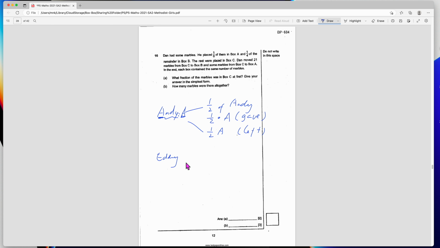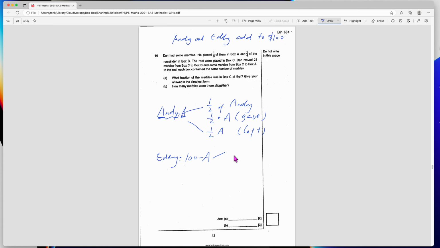Okay, same thing for Eddie. Let's say Andy and Eddie add to 100 dollars. If Andy is A, how much is Eddie? Eddie is 100 minus A, to start with.